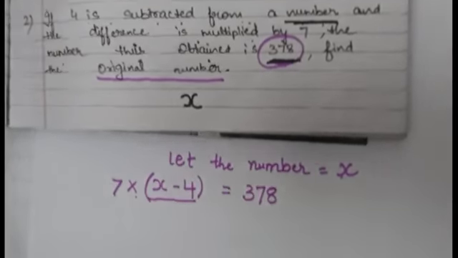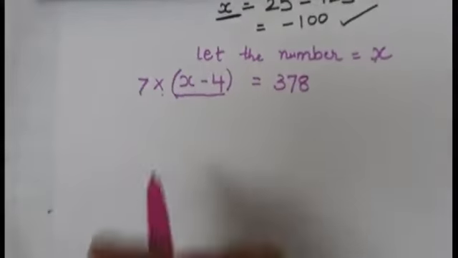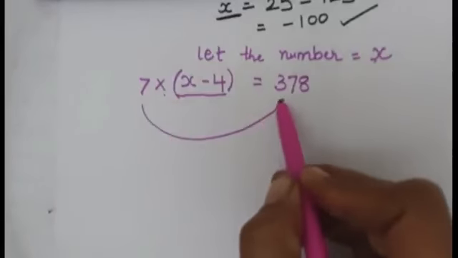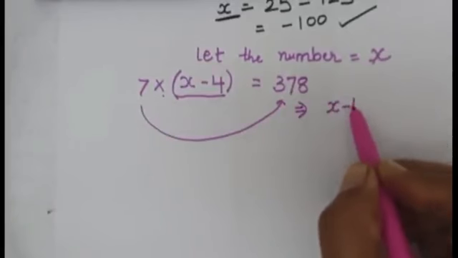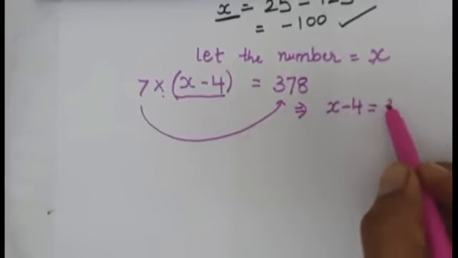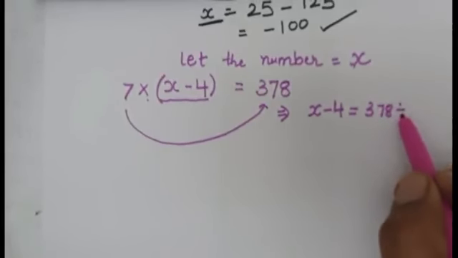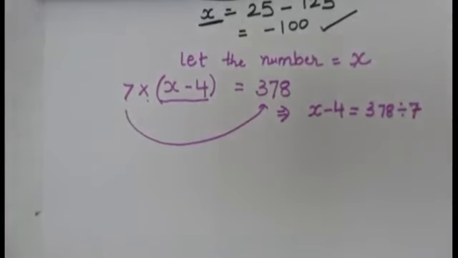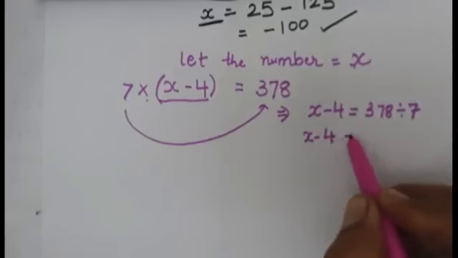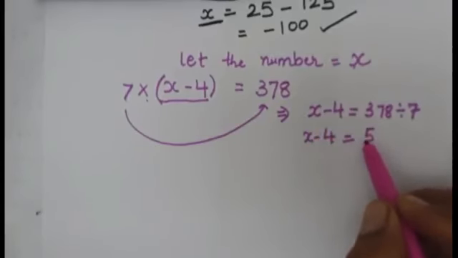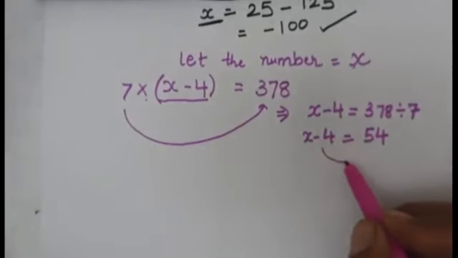So what will we do? Now 7 we will shift to that side. What we get? x minus 4 is equal to 378 divided by 7. So now x minus 4 will be equal to 54. Now minus 4 will shift to that side.